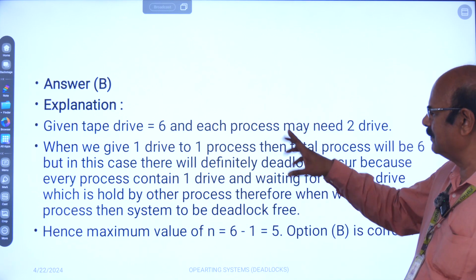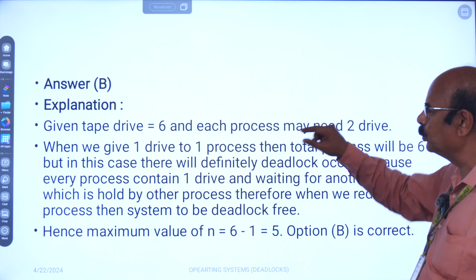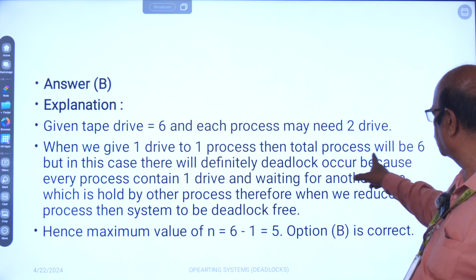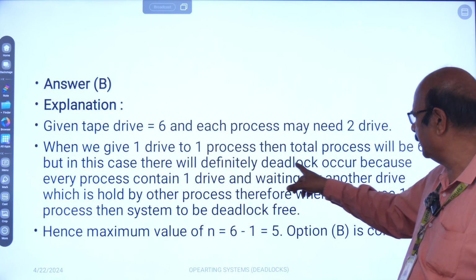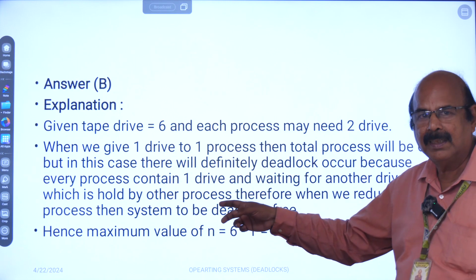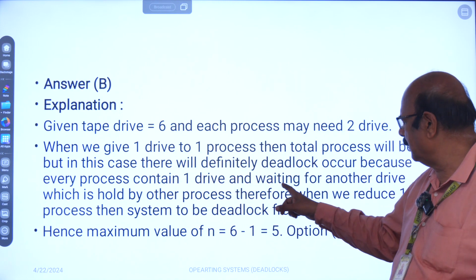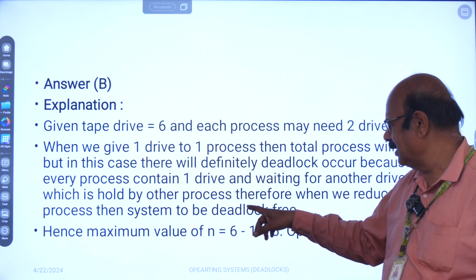Given tape drives equal to 6, and each process may need 2 drives. When we give 1 drive to each process, the total number of processes will be 6. But in this case deadlock will definitely occur, because every process holds 1 drive and is waiting for another drive, which is held by another process.